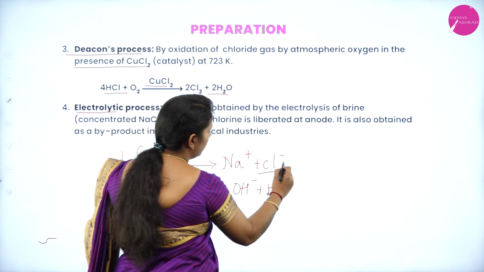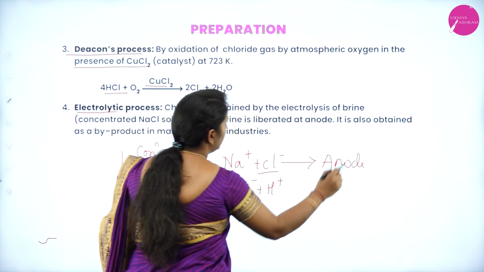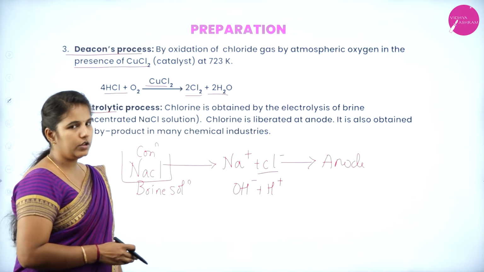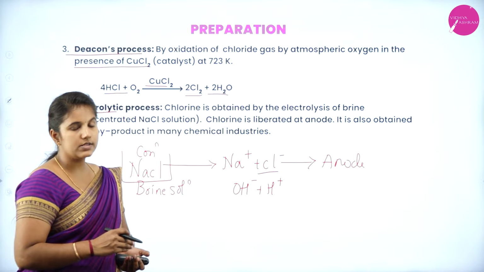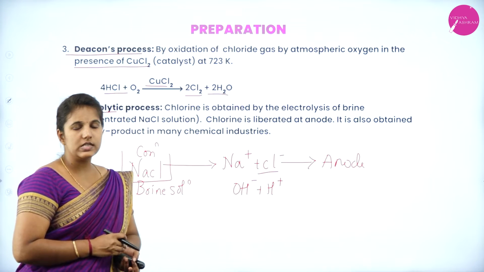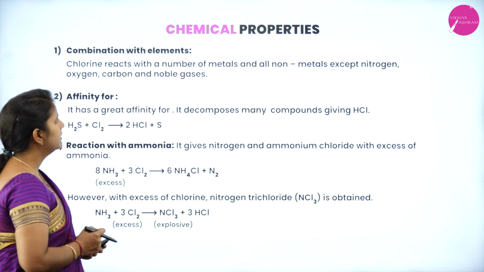Chlorine is always released at the anode. This process of producing chlorine gas at the anode is known as electrolysis. More about this electrolysis we have already discussed in the electrochemistry unit.